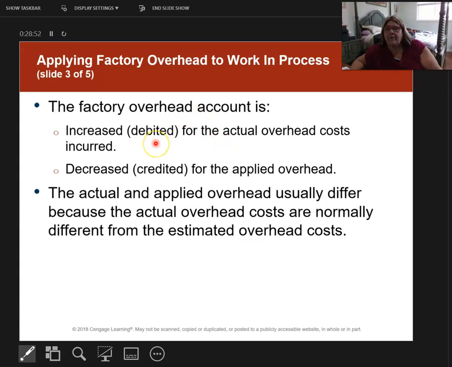So when I debit my factory overhead, after I've applied it, we'll talk about that in a minute, it means that I had more cost than I thought. If I end up crediting it, it means that I had less than I applied. So what we're going to do is determine, is my actual more or less than what I actually applied? Very important to know.